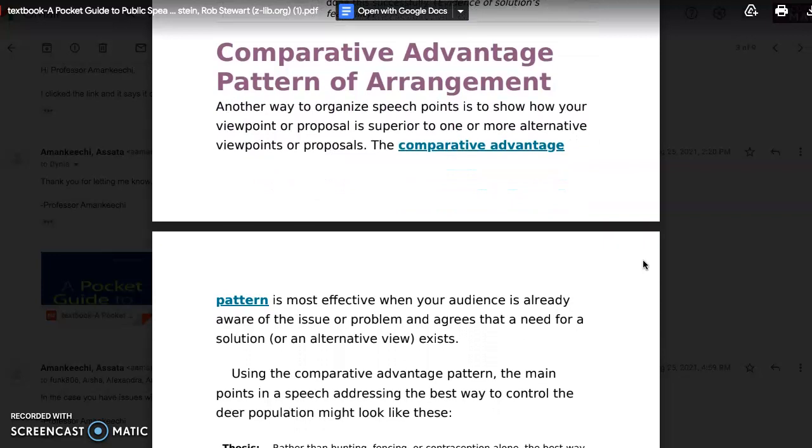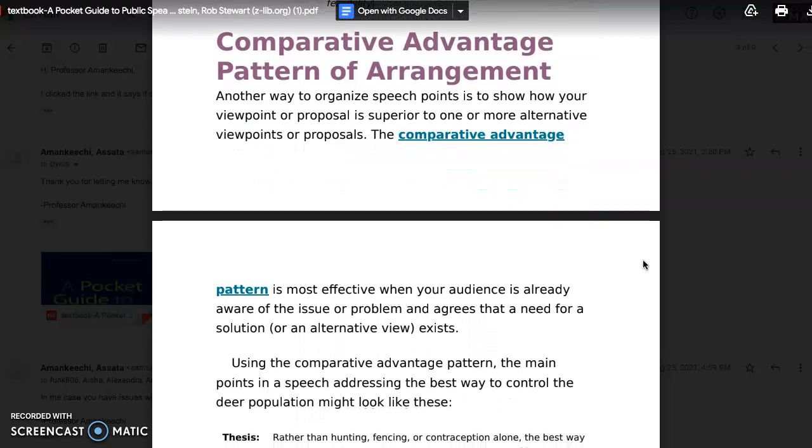The next is a comparative advantage pattern of arrangement. The comparative advantage pattern of arrangement is most effective when your audience is already aware of the issue or problem and agrees that there is a need for a solution. So, for instance, they give an example here about how to control the deer population.